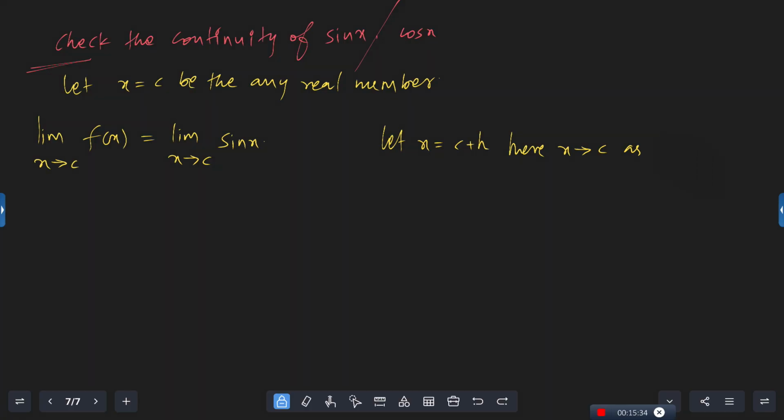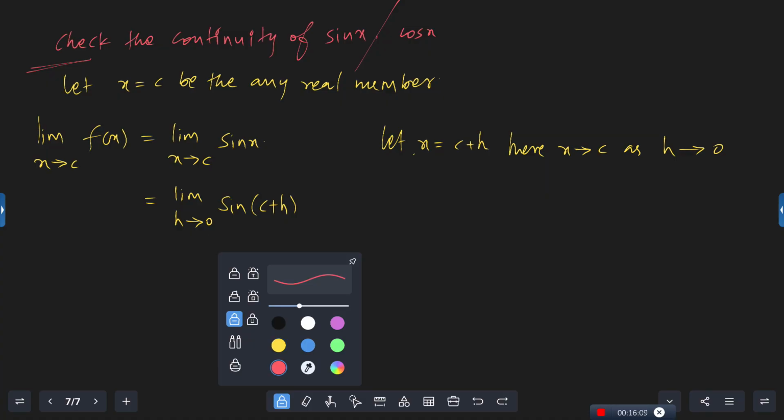So x is replaced as c plus h, then x approaching c means h approaching 0. So in the next step, h approaching 0, the limit changed after the assumption. So sin x, where I assumed c plus h, became the sin a plus b formula.